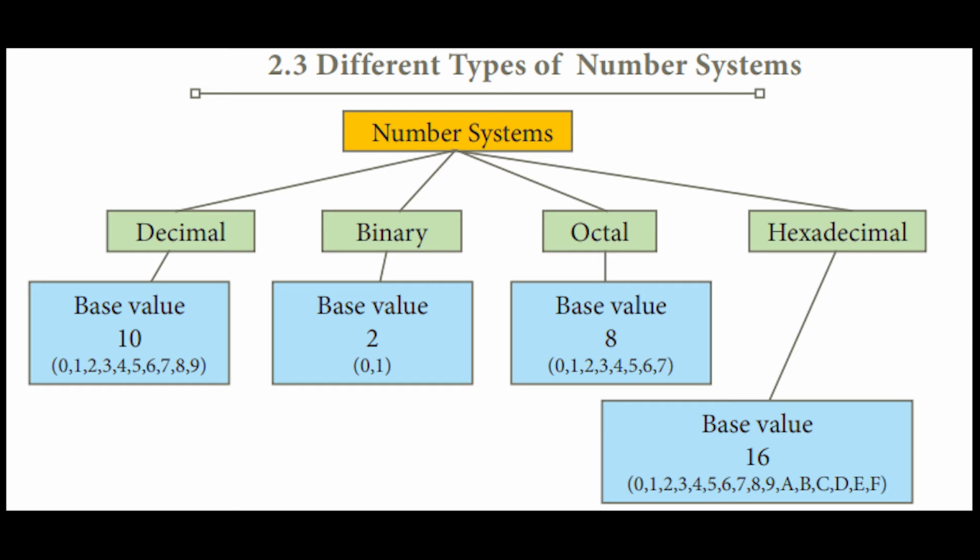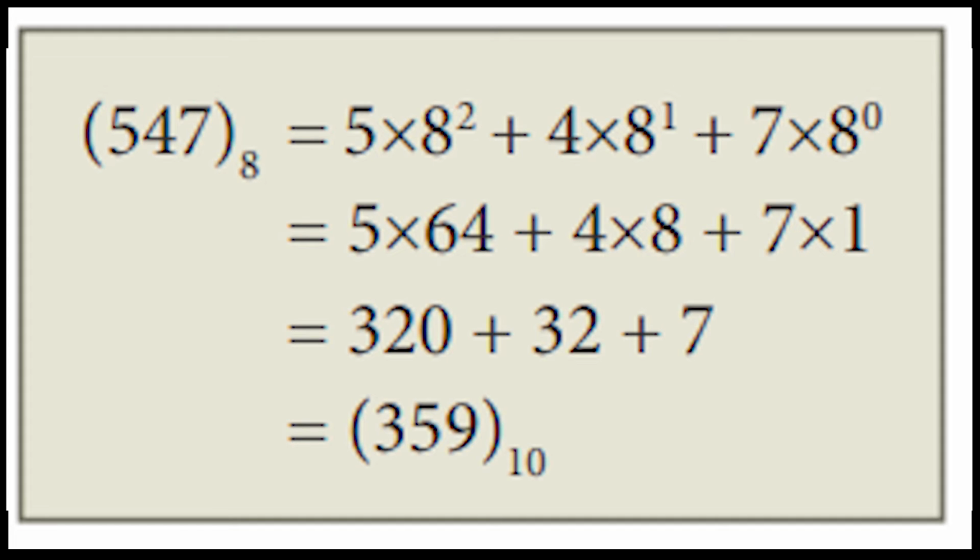Here in the octal number system, what is the base value? 8, right? So here, to convert the octal to decimal, we'll do into 8 power 0, 8 power 1 and 8 power 2, like that. Right? Same format only. In the place of 10 or in the place of 2, we'll mention 8 here. Since this is the octal number, the base value is 8. Right?